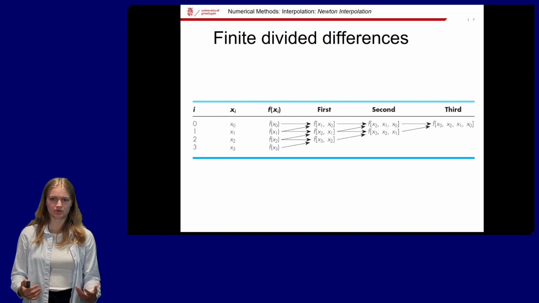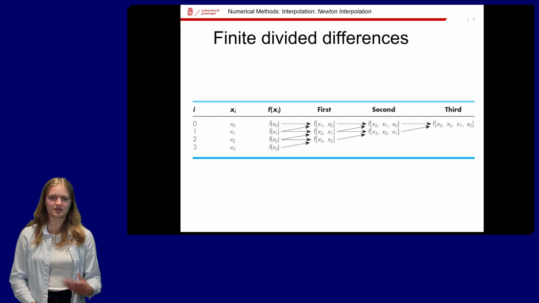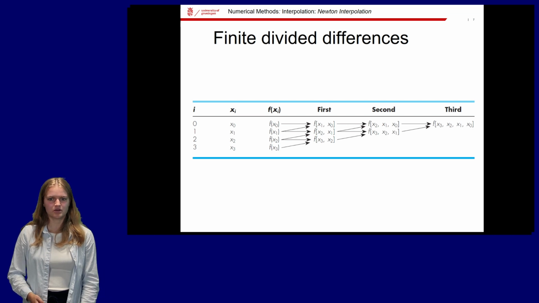So lower order differences are used to calculate higher order differences. And this recursive nature makes it very efficient to compute and makes it so useful to use in computer programs.